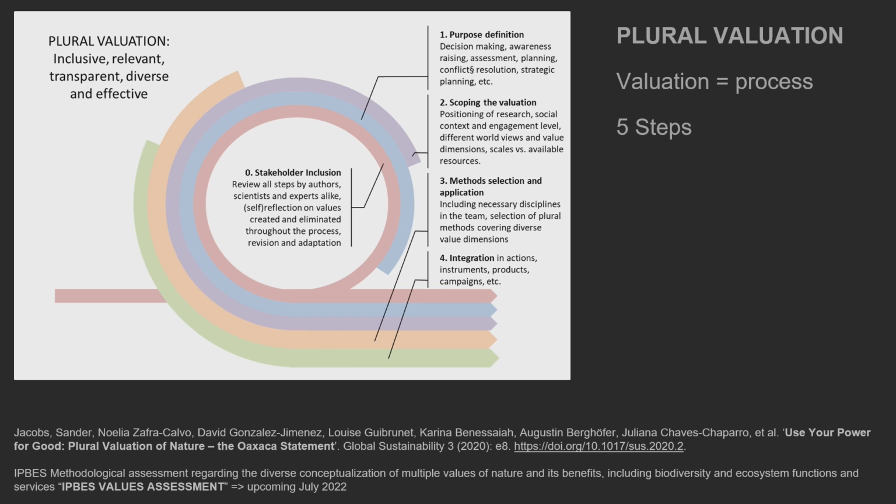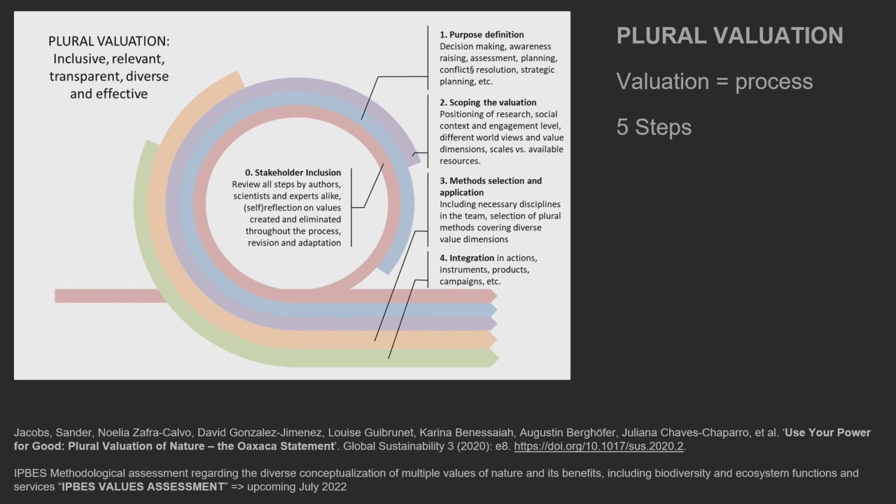which is often what is perceived as valuation, but it has the steps which start with who is affected, who needs to be involved or represented. Then it goes, what is the purpose of the valuation, what kind of decision or what kind of product is it going to inform, which values are going to be taken up in the valuation and which aren't, because it's not feasible or not relevant, and what is the consequence of that.